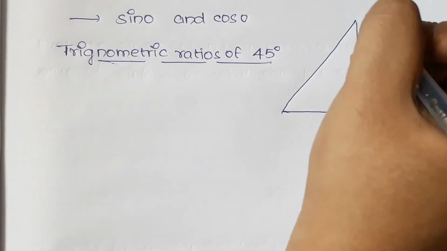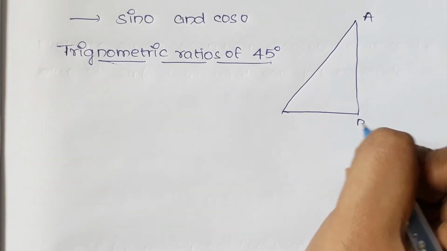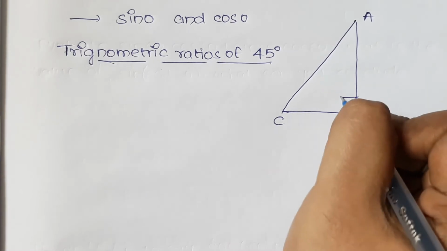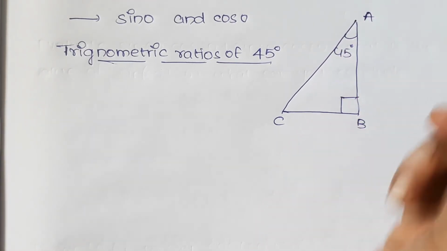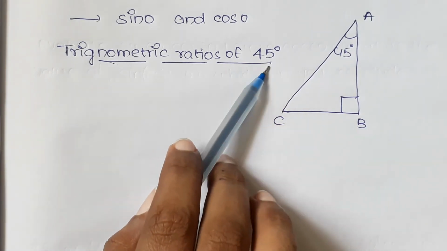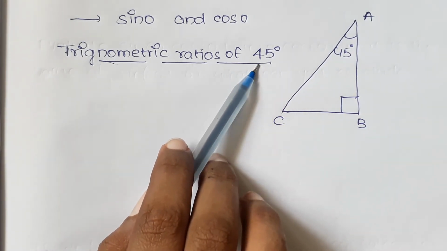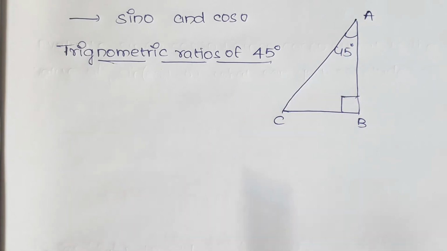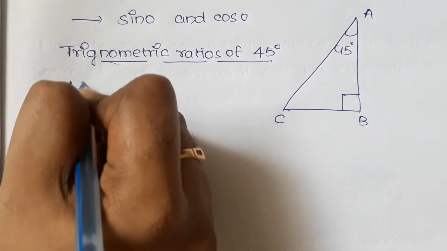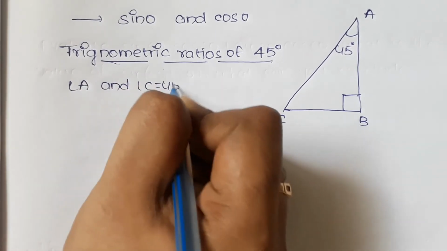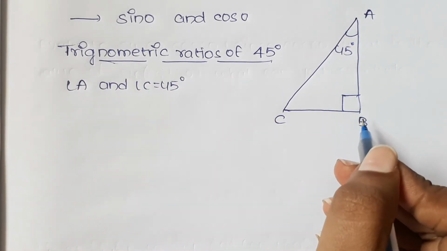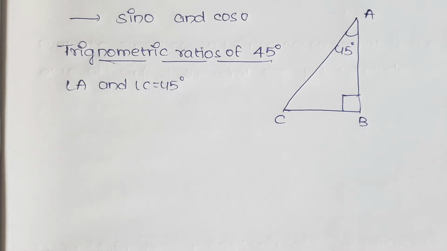This is the triangle A, B and C. It is right angled at B, and here is the angle 45, because now we are finding the trigonometric ratios of 45 degrees, and here angle A and angle C are equal to 45 degrees, because angle B is the right angle.